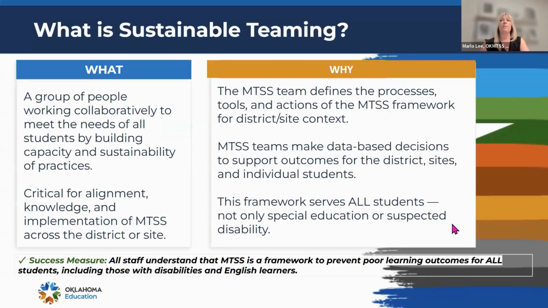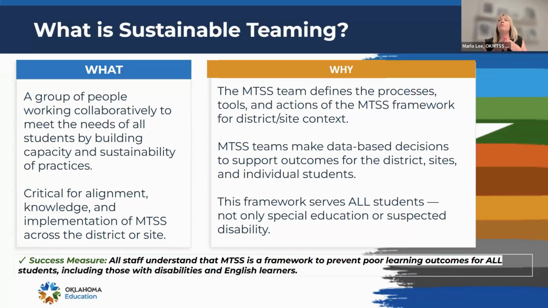So what is sustainable teaming? Sustainable teaming is a group of people working collaboratively to meet the needs of all students by building capacity and sustainability practices. It's critical for alignment, knowledge, and implementation of MTSS across the district. Why do we have teams in an MTSS system?